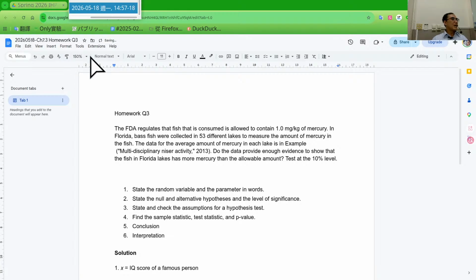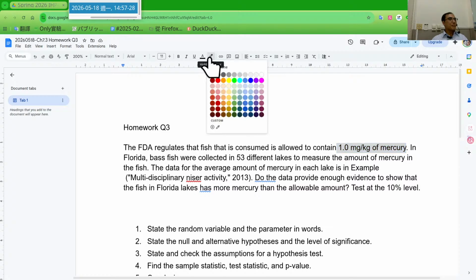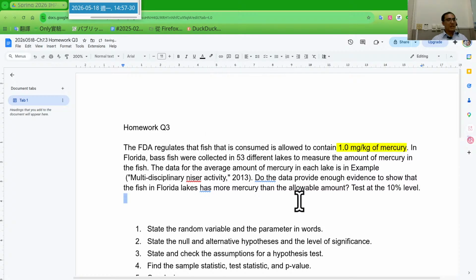Okay, we can highlight some information here. The regulation is here: 1 part per million of mercury. In Florida, bait fish were collected in 50 different lakes to measure the amount of mercury in fish, and the data is over there, along with the average amount of mercury in the example.